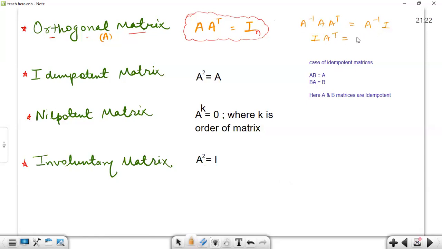A inverse into identity matrix will be identity matrix itself. Identity matrix, when multiplied to any other matrix, is equivalent to the same matrix. So A transpose is equal to A inverse in an orthogonal matrix.